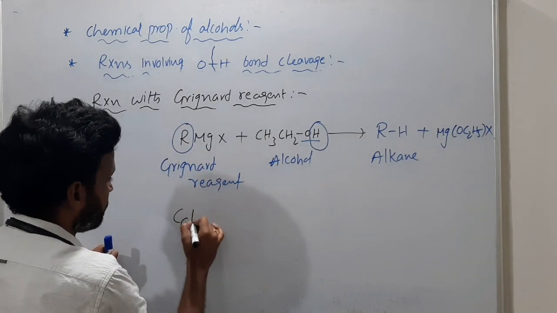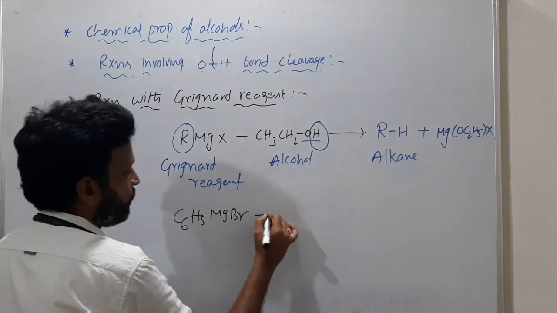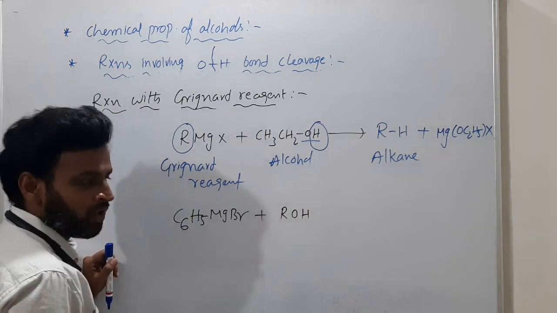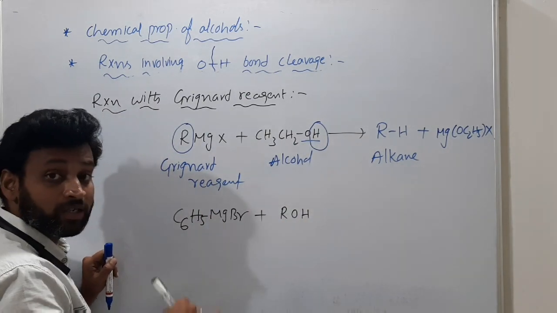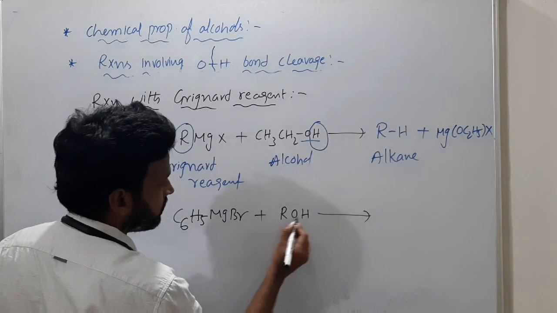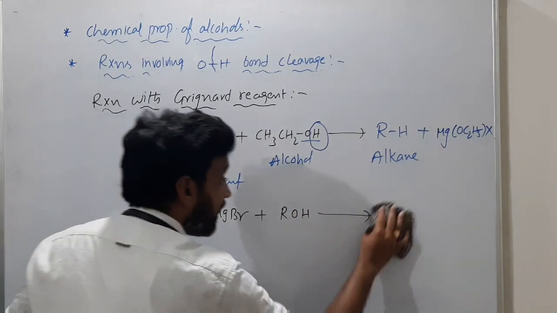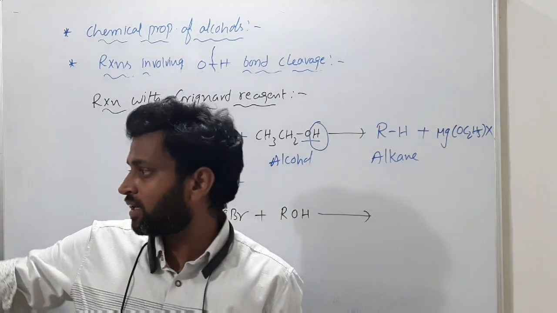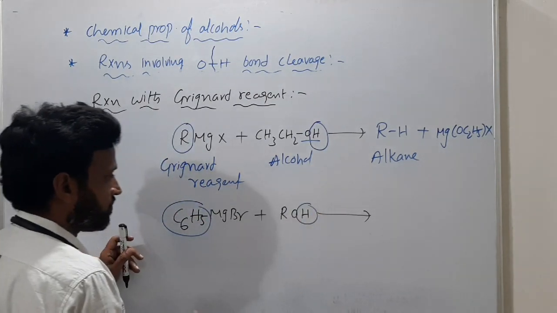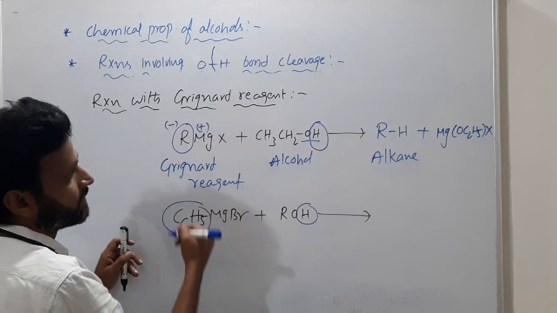Suppose here you have C6H5MgBr with some alcohol like ROH. Some people are very smart: what is the alkane? Sir said RH. No. The alkyl group you have in the Grignard reagent, that forms the alkane. What is the alkyl group here? C6H5, and here H. You know, in Grignard reagent it is R minus, Mg plus.